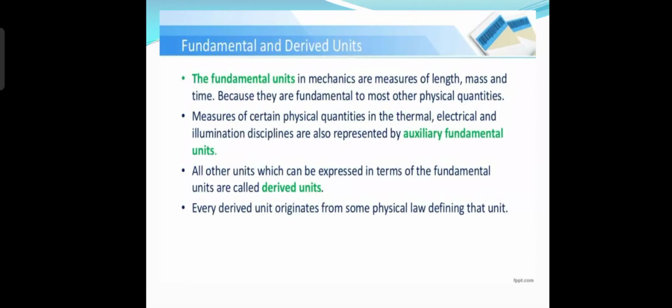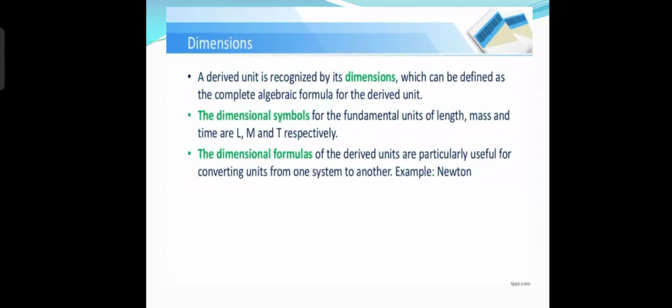For mass, the standard unit is kilogram. Whereas in derived units, the standard unit of area is derived with the help of length times length, that is meter squared. The standard unit of area is meter squared.